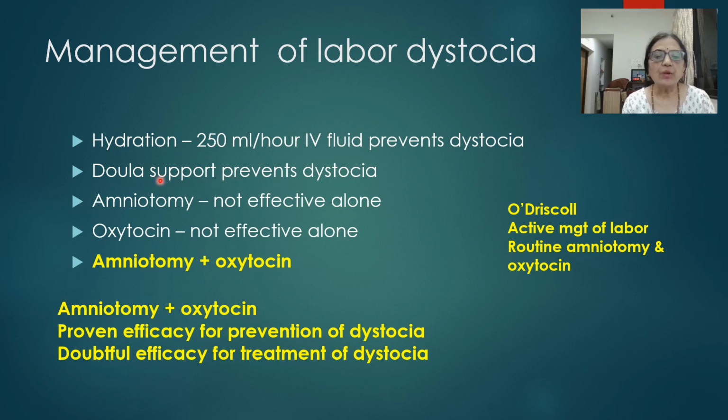Second intervention is doula support or labor companion support, which prevents dystocia. It has been proven that if there is a doula or a companion with the patient, selected by her in the antepartum period itself, who might be a friend or a close relative trained in the antenatal period on how to provide support, and that companion is mainly taking care of one P, that is psyche, it has a profound impact by reducing the duration of labor, preventing dystocia, and reducing the number of cesarean sections also.